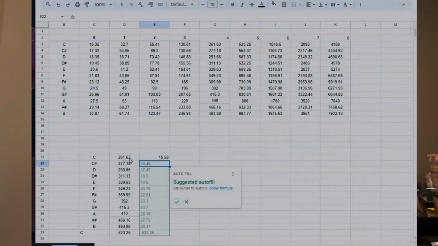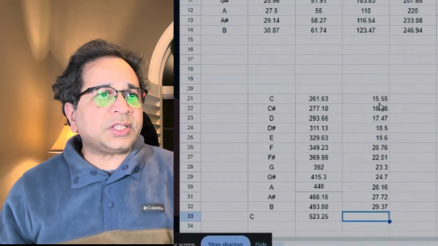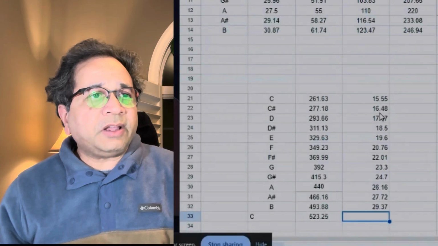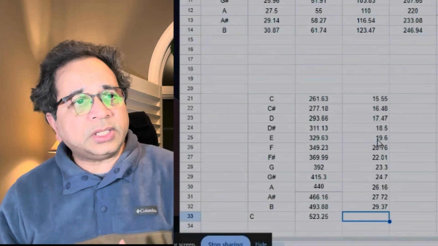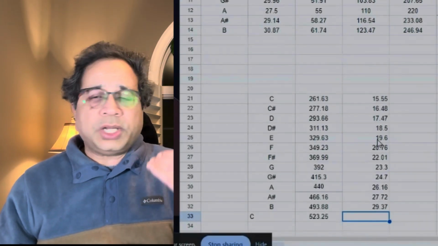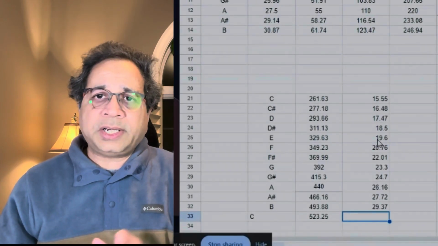Okay, so for C, when we take the difference between C and C sharp, it is 15.55 hertz. That's the difference. If you do that for all the notes, what you see is that it's 15.55, 16.48, 17.47, 18.5, 19.6. So it's increasing. So it's not a constant equal addition that they have done, but it is increasing.